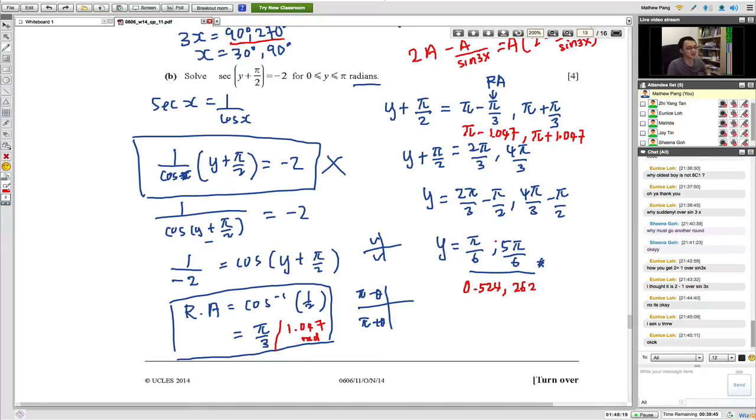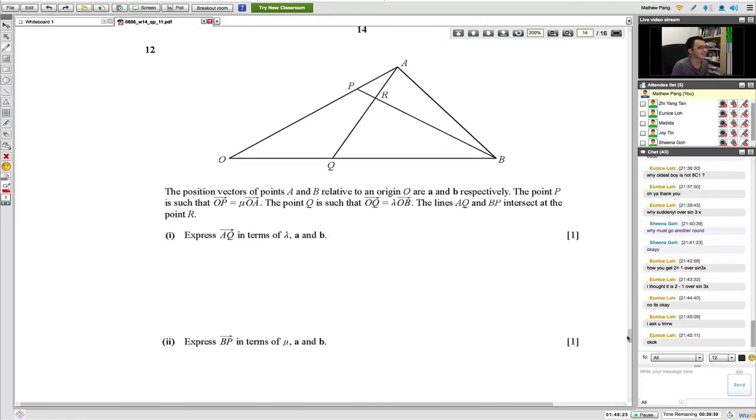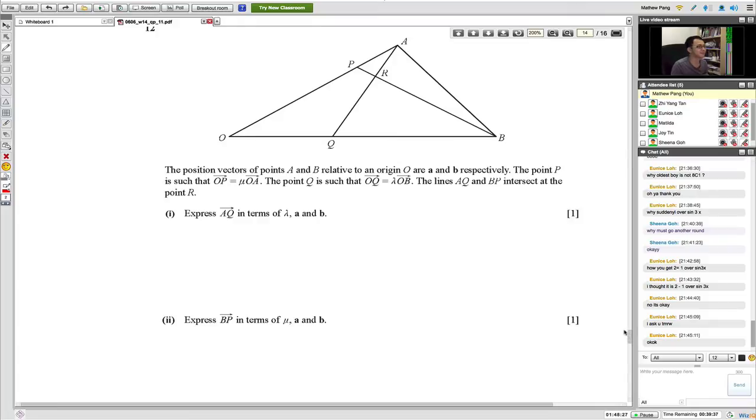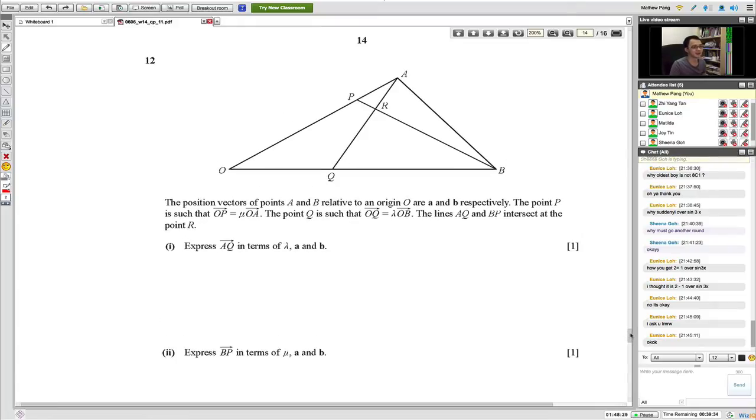Okay, if no problem, I'm going to move on to the last question. Vector. Yeah, Sheena, do you have any problem? I see you typing there. Okay, if no problem, we will go to the vector.